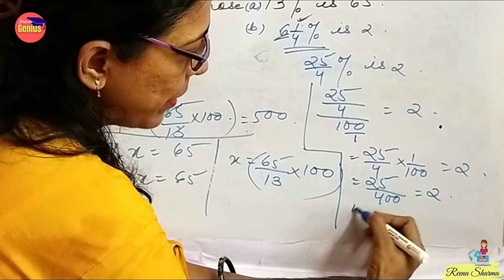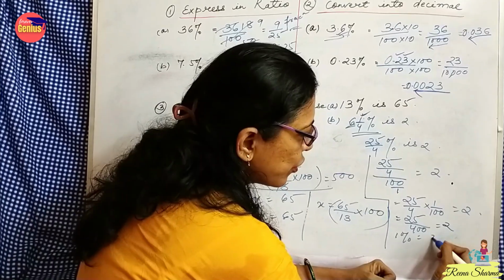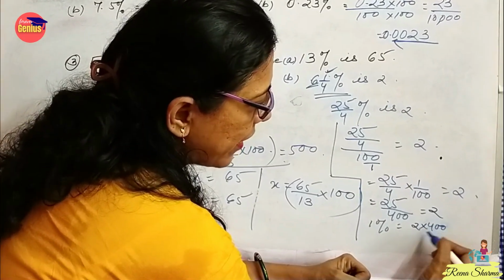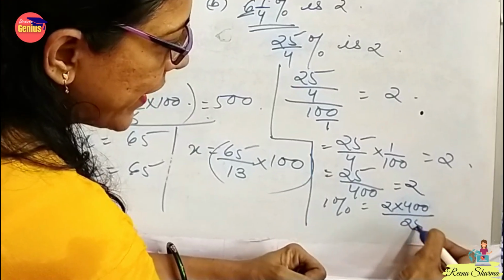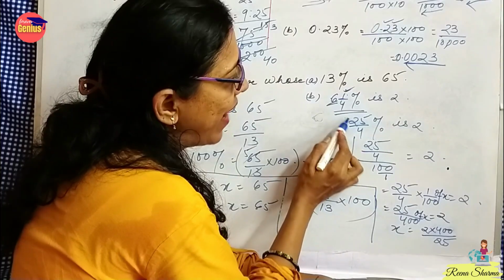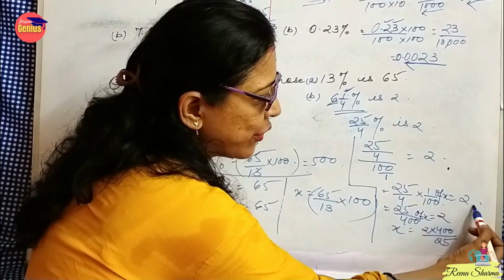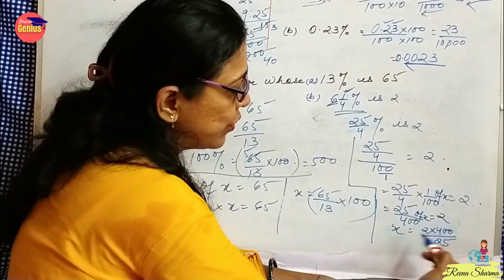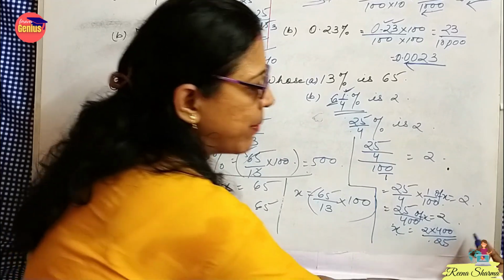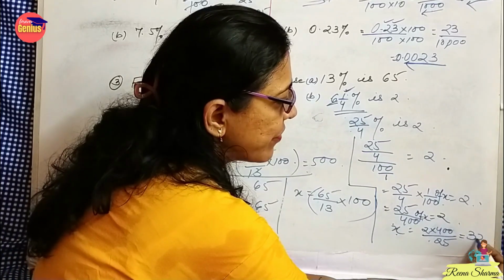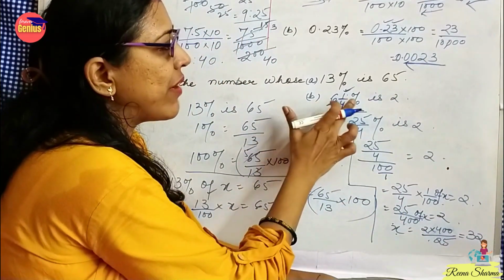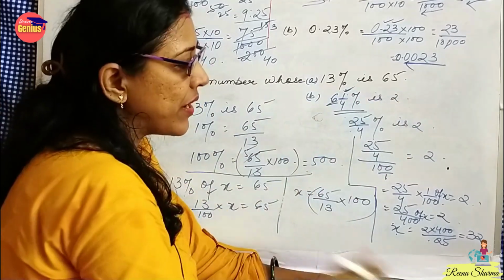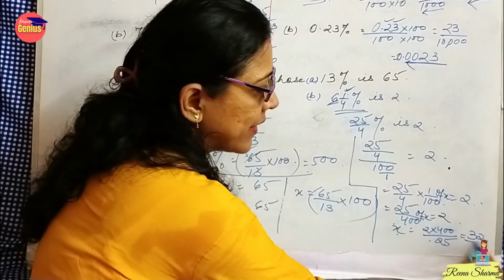So now 1% will be how much? 2 into 400 by 25. 25 by 4% of x is equal to 2. So 25 by 400 of x is equal to 2. So now x is equal to 2 into 400 by 25 is equal to 32. So when 6 1 by 4% is 2, the original number is 32.